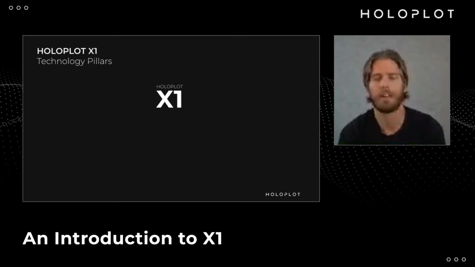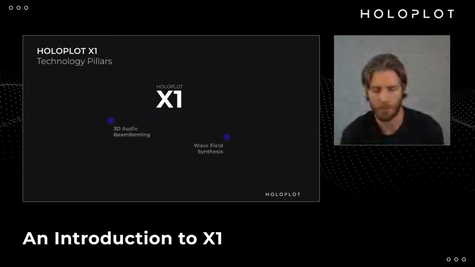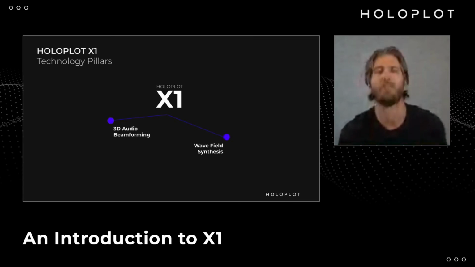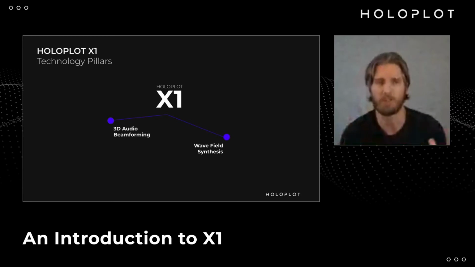So now we're going to look at the technology pillars that we have within the Holoplot X1 system. There's two categories here. We have the 3D audio beamforming. This is our ability to control the sound in both the horizontal and the vertical axis we talked about, and shape these beams in a 3D way. And then we have the Wavefield synthesis functionality.